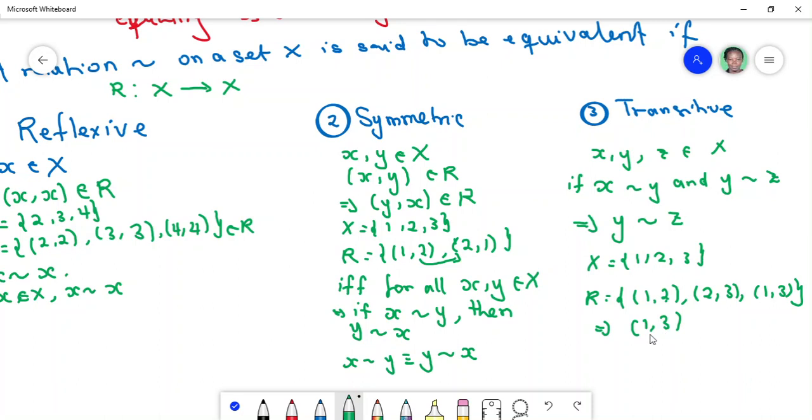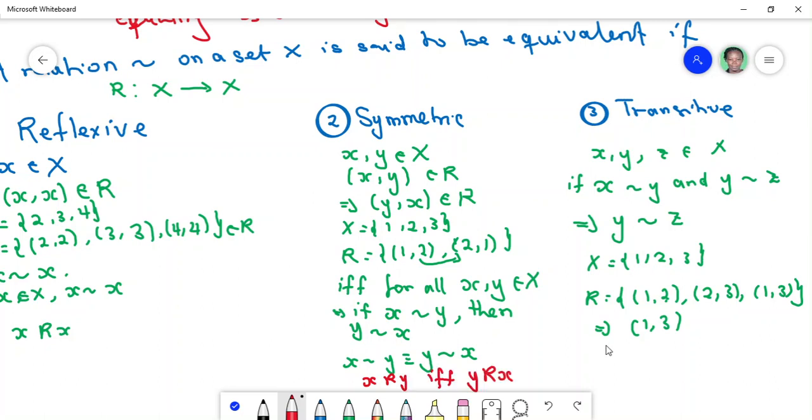So in other books, you either find them writing x is related to x, or you find the other way round where x is related to y if and only if y is also related to x.